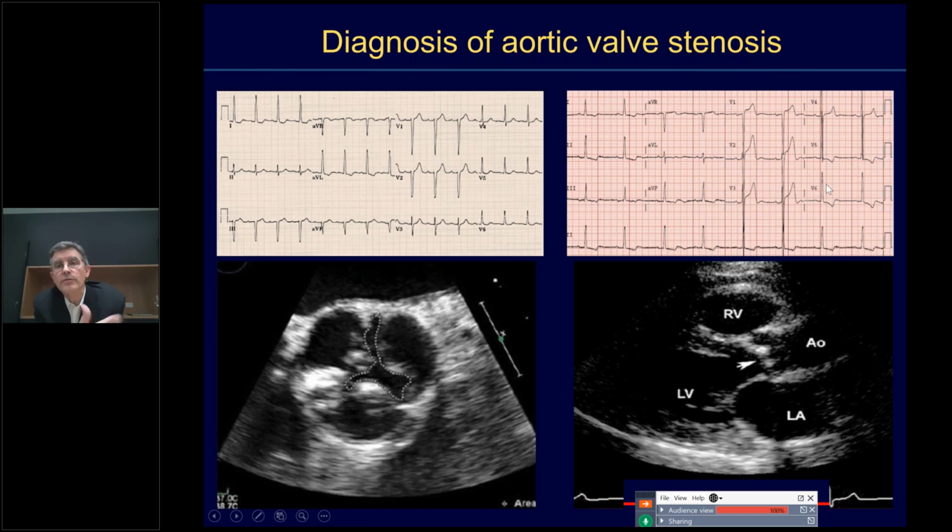In contrast, this one shows very much more severe left ventricular hypertrophy. You'll see that there are very tall voltages here. This goes down below the cutoff of the page here. This one goes up, well up to here. So these are very tall voltages across the chest leads.